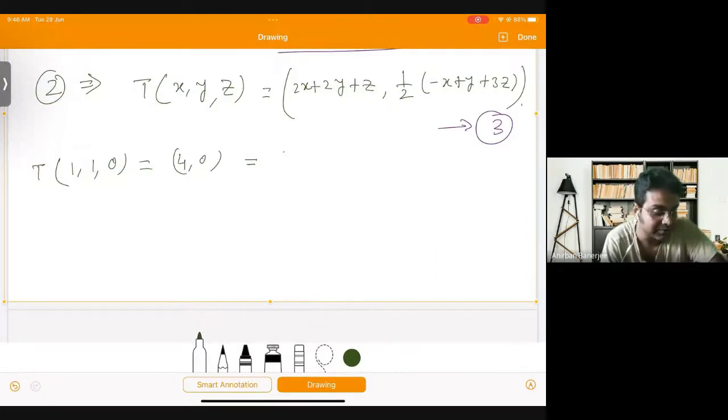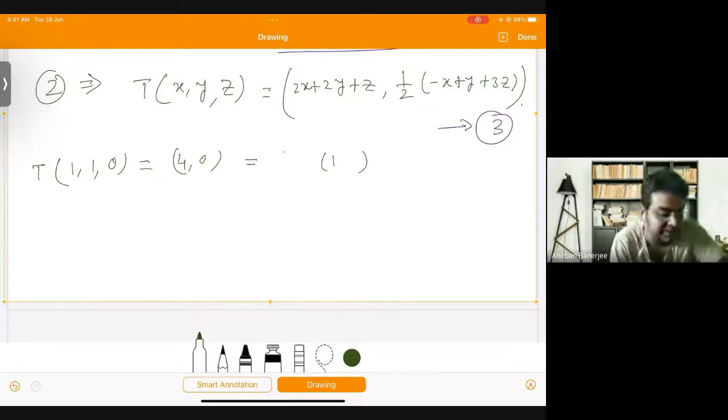We know the basis vectors, that means some constant into 1 0 plus some constant into 0 comma 1. Here it's easy to figure it out. We can apply 4, and then here we can apply minus 4.